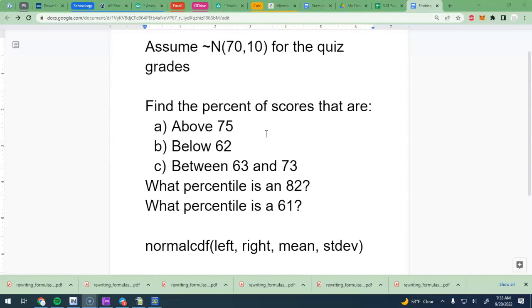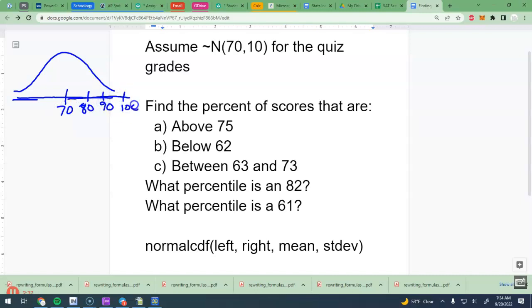Way over here, to the right, I'm going to put 99999. So if I look at this specific problem, assume normal 70, 10, what that means is we've got a normal curve with a mean of 70 and a standard deviation of 10.